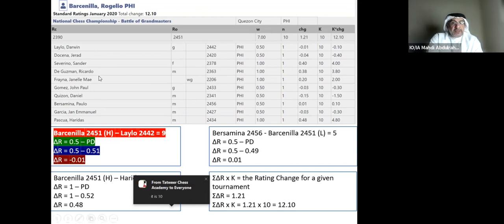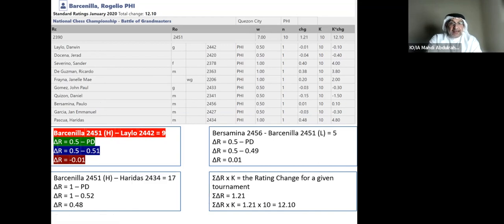With the first opponent, he was 2451 and the opponent's rating was 2442, so he had the higher rating. So in the bracket it will be H, high. If he was lower than the opponent, it will be L, low. Then the calculation shows we have a 9 point difference, or 9 rating difference, between the 2 players.